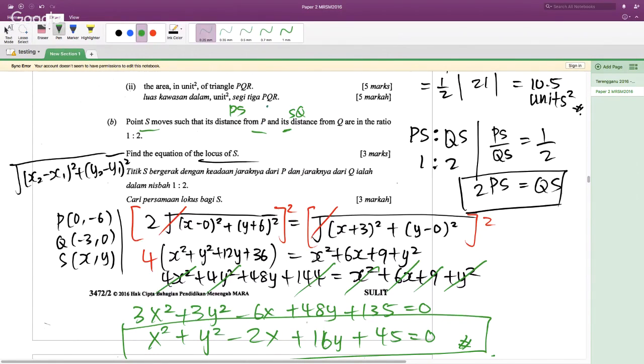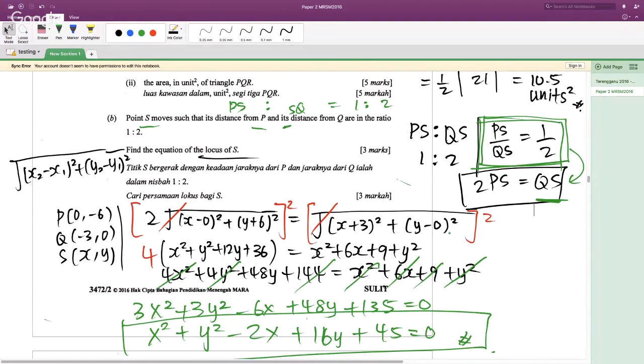It's in the ratio of 1 to 2. So the question already tells you PS ratio SQ is equal to ratio 1 and 2. Then from the ratio form, you form the fraction form, and from the fraction form, you form the equation form. From here you should know QS equals 2PS. I hope I do make you understand that.